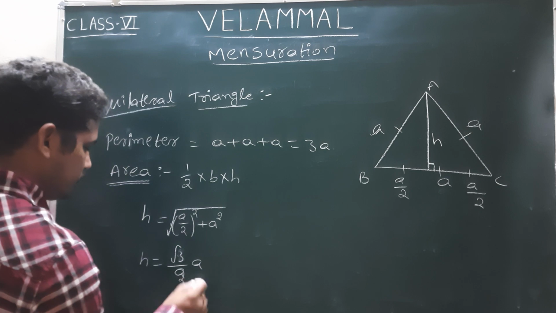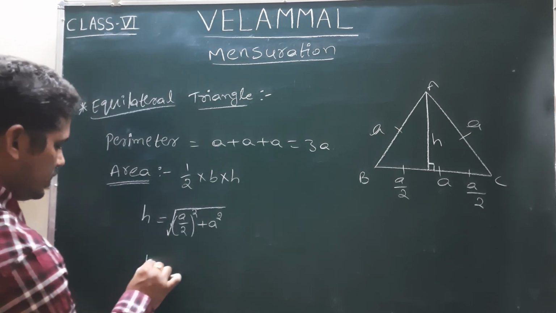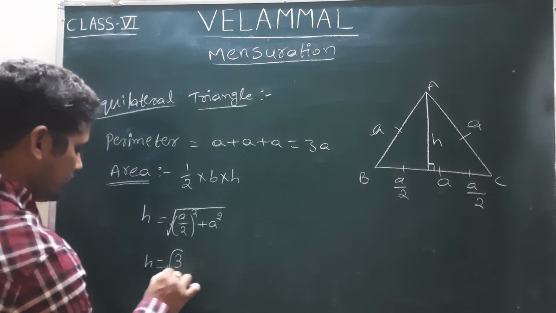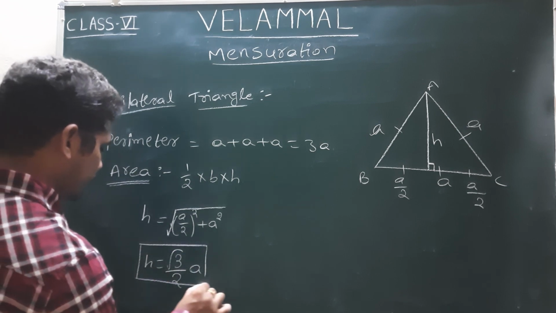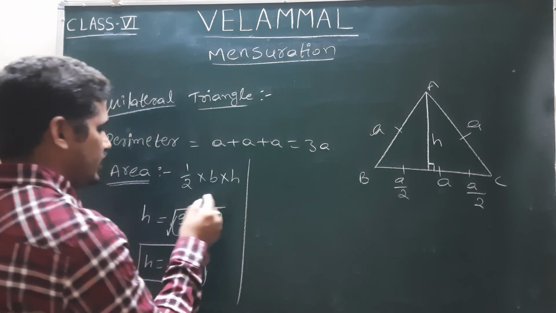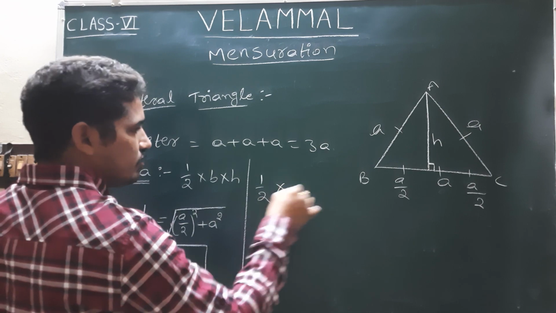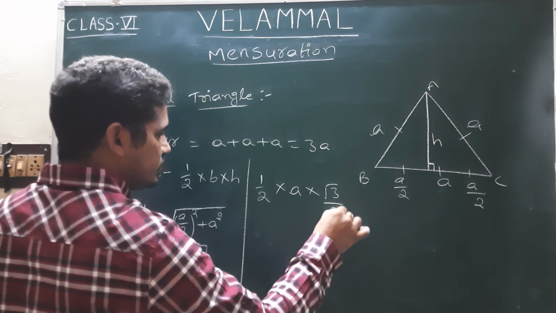Root 3 by 2 A. If we find the height formula by using the Pythagoras theorem, height will be root 3 by 2 A. Now if you observe in the area, half into base value A into height value root 3 by 2 A.